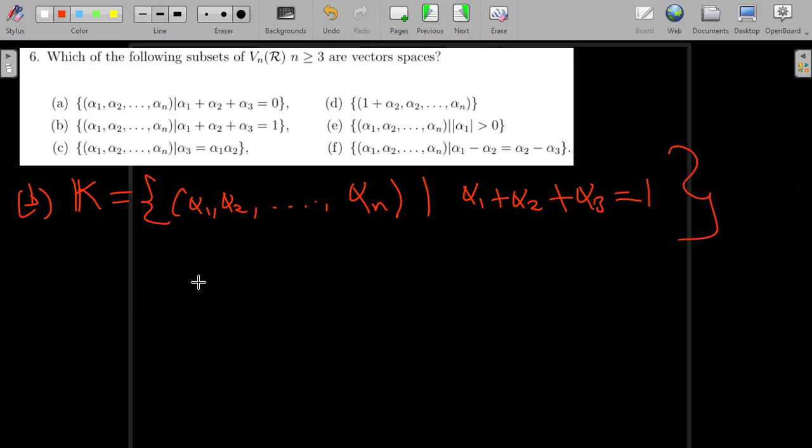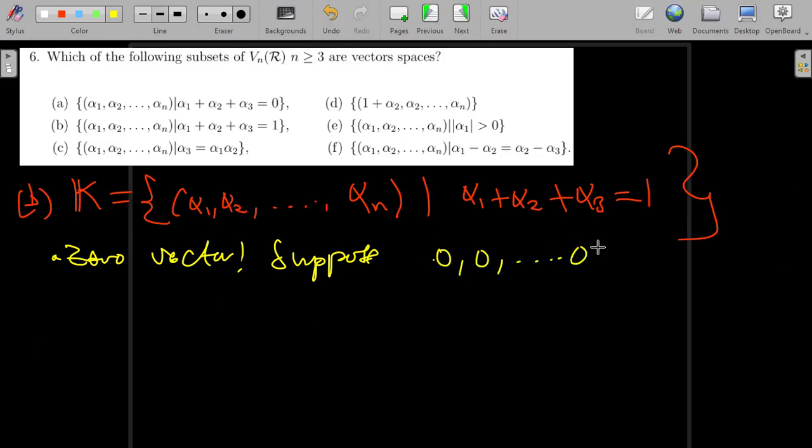All right, so we want to prove, first of all, if the zero vector is part of this set. So we are checking for the zero vector. So for the zero vector, we are going to say suppose 0, 0, dot dot dot, all the way up to 0, is part of K.